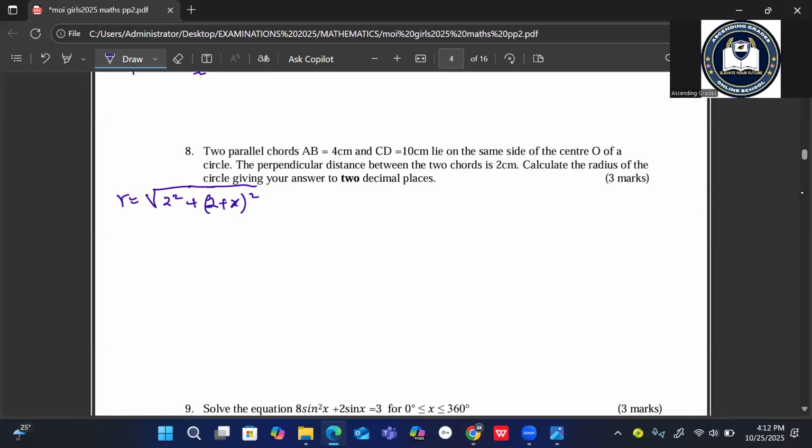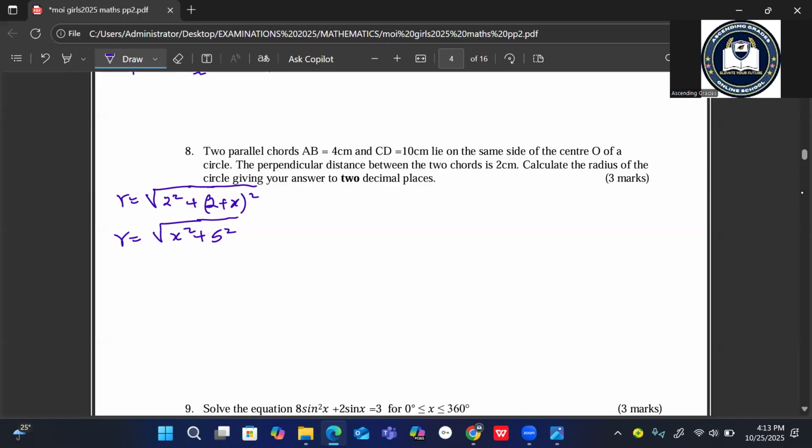So we are going to have R equal to the square root of x squared plus 5 squared. So those are the two values of R. So we can equate the two.